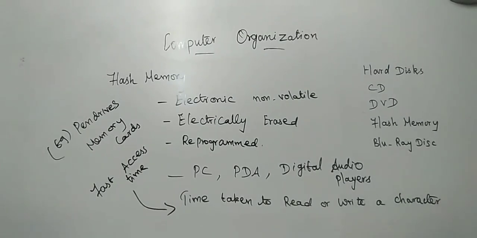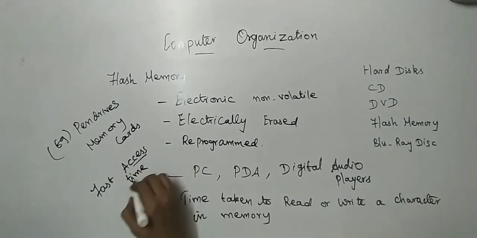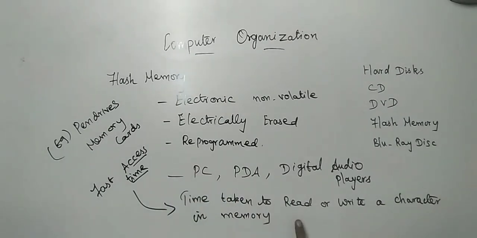Yes, read or write a character in memory. It is also an important 2-mark question. Okay, so what is an access time? The time taken to read or write a character in a memory is called access time.